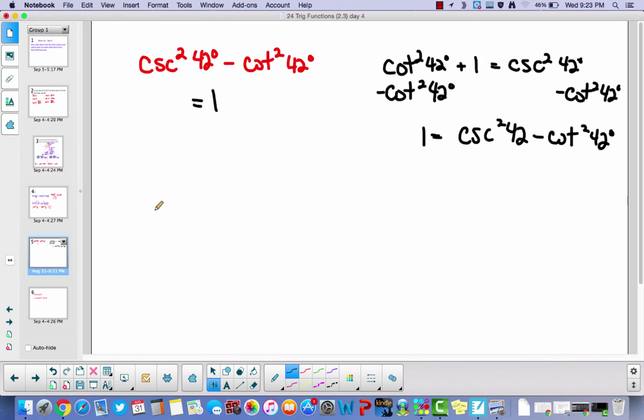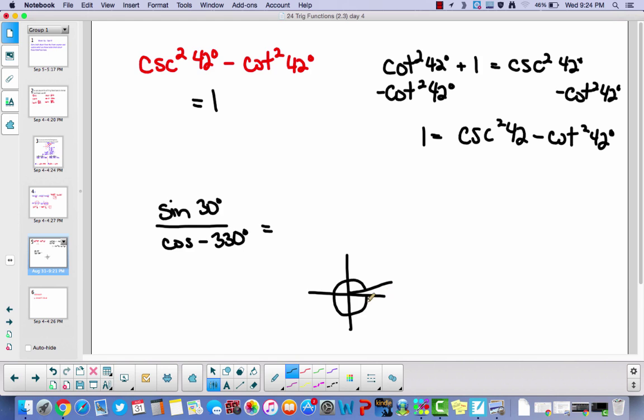Okay. What if I had something like this? The sine of 30 degrees over the cosine of negative 330 degrees. Is there any way to rewrite that? Well, let's think about that. Where is negative 330 degrees?